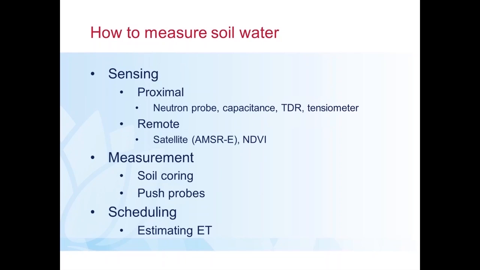I've put in NDVI as a way of measuring soil water. So NDVI is the normalized difference vegetation index, and it really just looks at how vigorously plants are growing. And so the more vigorously the plants are growing, then you could probably infer back from that how well they're accessing soil water.